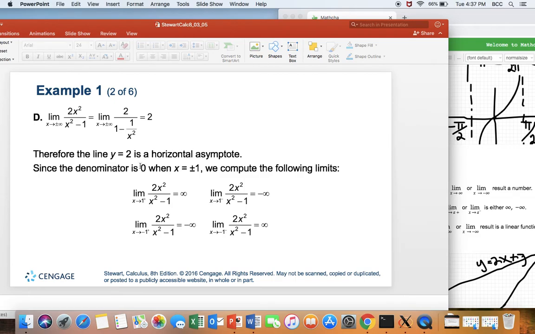On the other hand, you already know x equals plus or minus 1 are problematic. So why don't we take the limit approaching 1 from the right and 1 from the left? You seem to get different infinite limits. One is positive, the other is negative. Likewise for negative 1, positive and negative.